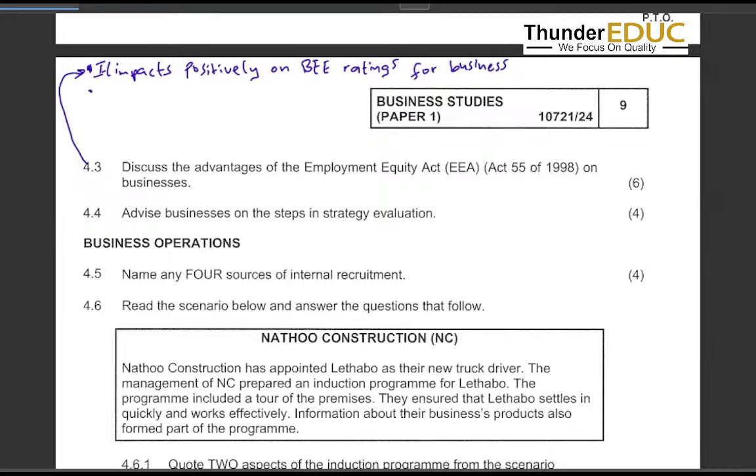Okay, next one. It said that it promotes equal opportunities and fair treatment in the workplace.